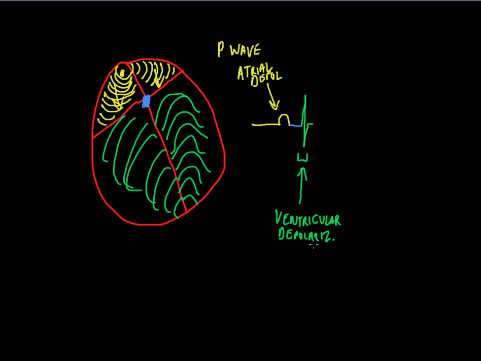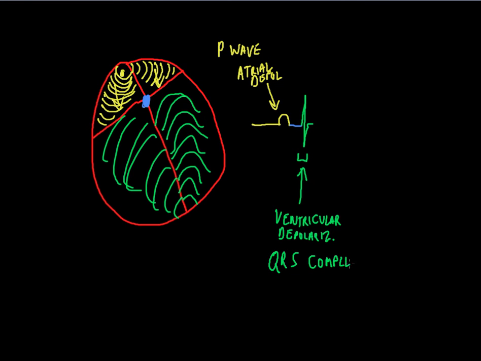And now, when Einthoven was looking at this, he realized that there's some up, there's some down, there's some up, there's some down. It's kind of back and forth a bit. So he reserves several letters for this. And we're going to get into this in a bit more depth once we get to 12 lead. But essentially, for the moment here, I want you to refer to this as the QRS complex.